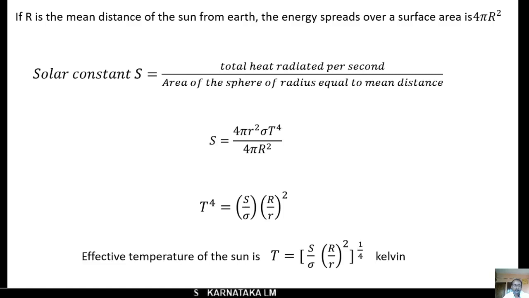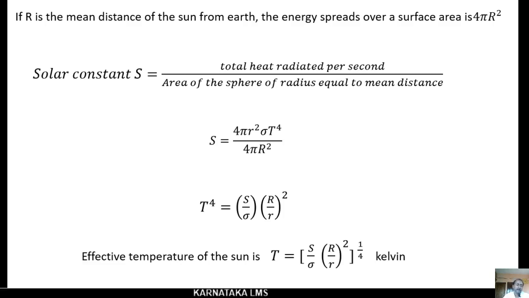The constant value is 0.2892, and lambda m is the wavelength of the radiation for which the energy is maximum in the spectrum, 4900 into 10 to the power of minus 10 meter. By substituting the values of lambda m, the value of T comes out to be nearly 5902 Kelvin.